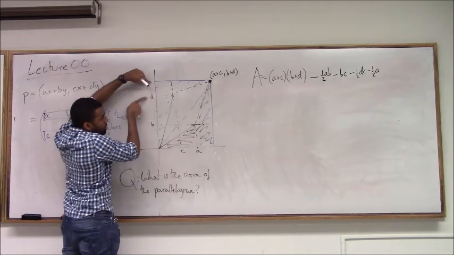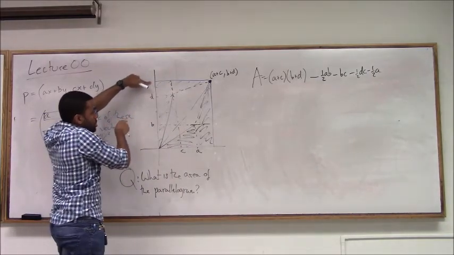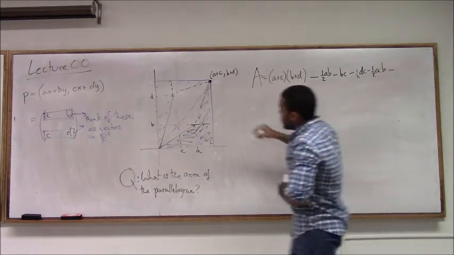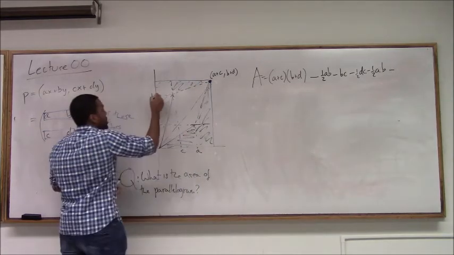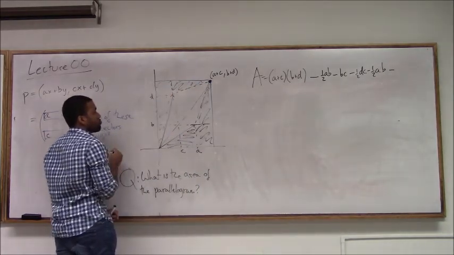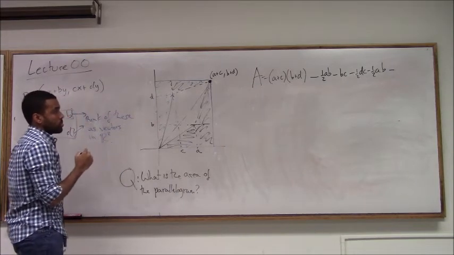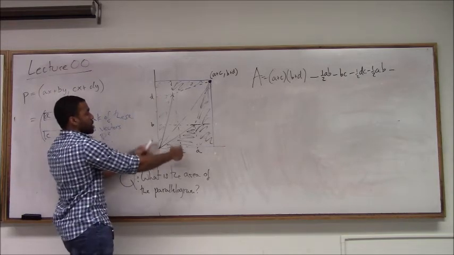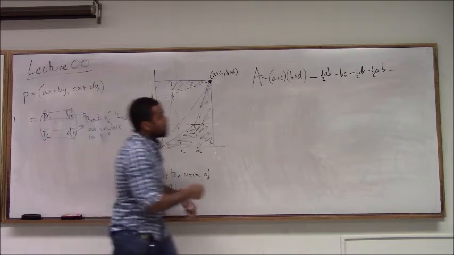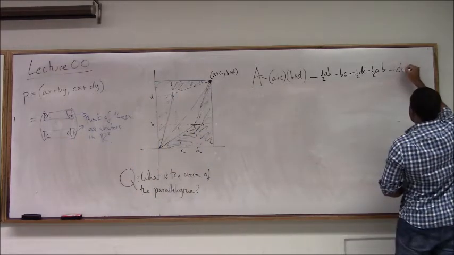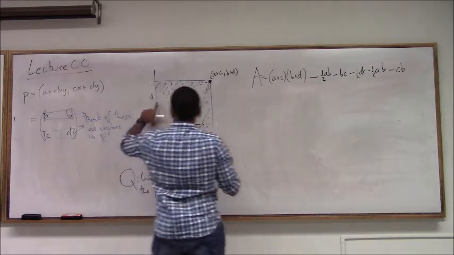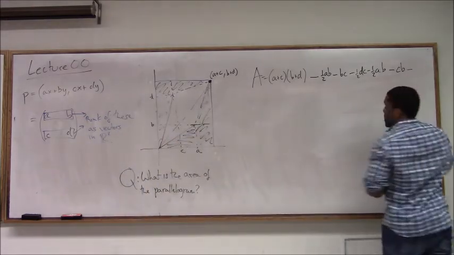B. So it's minus one half AB. And this rectangle here is C times B. So that's this piece. And one more, what's this triangle here? One half DC.